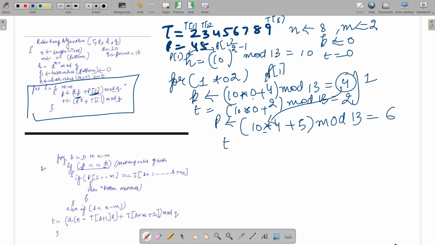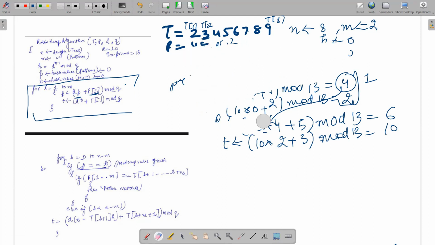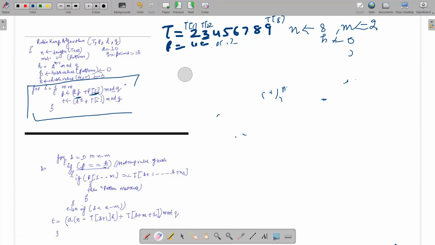And we have T, which will be 10 multiplied with whatever earlier value you have got, plus the next T value, which is 3, mod 13. It is obviously 23 mod 13, which is 10, right?